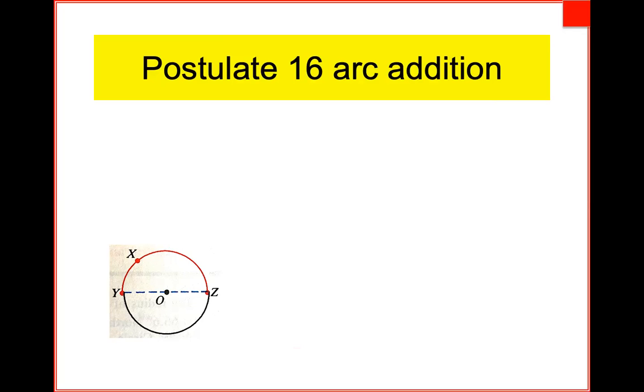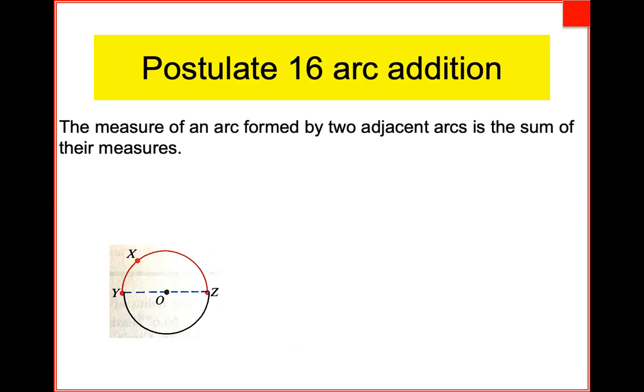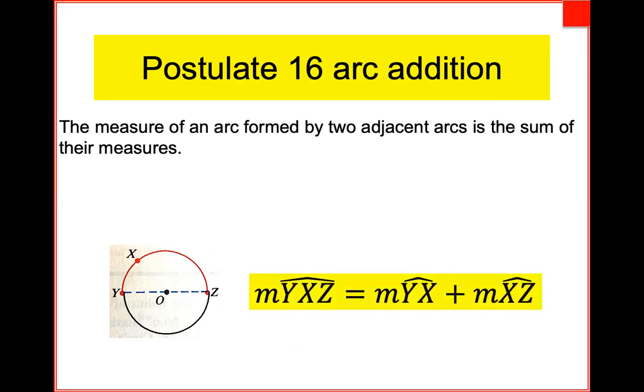It's called the arc addition postulate. So we had the segment addition, we had the angle addition, now we have the arc addition postulate. And it simply says if you have two adjacent arcs, well, the sum of them together equals the larger arc. So if I add up yx and xz, I get the larger one. That's all it says. Right? If you need to write down a formula, well, there it is.